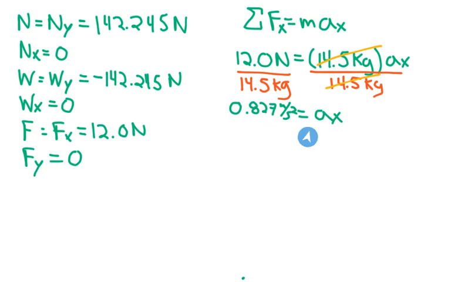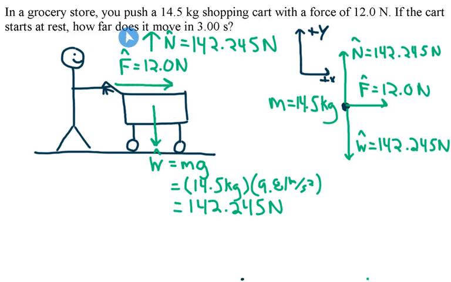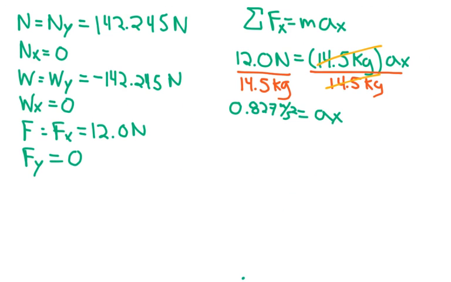Now, at this point, we have the acceleration in the x direction, but what we're looking for is how far the cart travels in 3.0 seconds. So at this point, we need to go back to the equations of motion that we used in the kinematics section and solve for the distance that it travels.